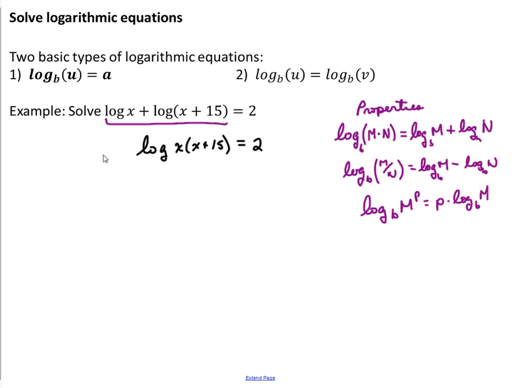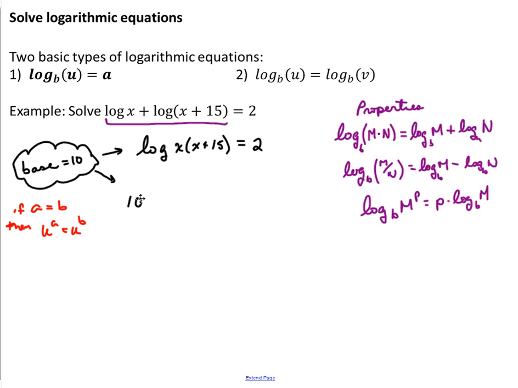All right. Now our base right here is equal to 10. So if we use our exponentiation trick, the one that said if a is equal to b, then the base u raised to the power a would be equal to base u raised to the power b. So we're going to exponentiate with a base 10.